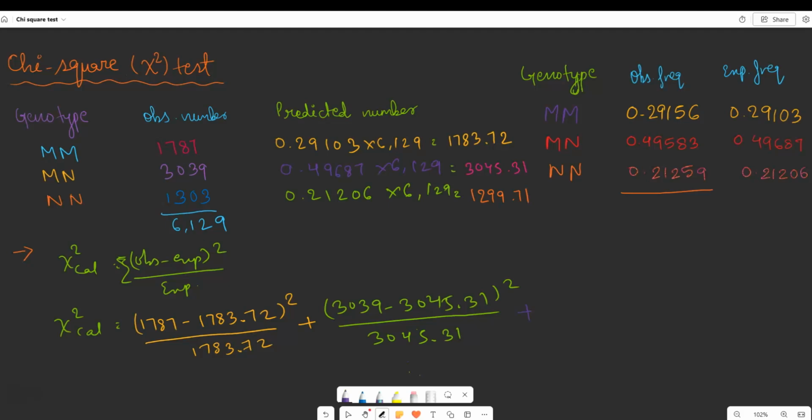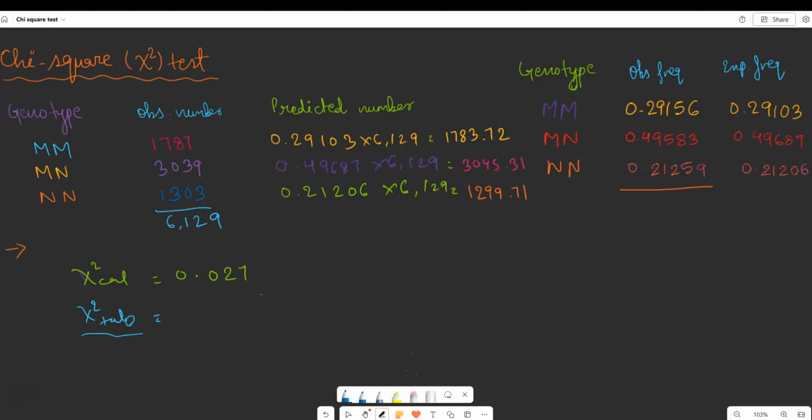And for last, that is NN genotype, it is 1303 minus 1299.71 whole square divided by 1299.71. So when you calculate this, we will get 0.027. Now we got the calculated value of the chi-square, that is 0.027.